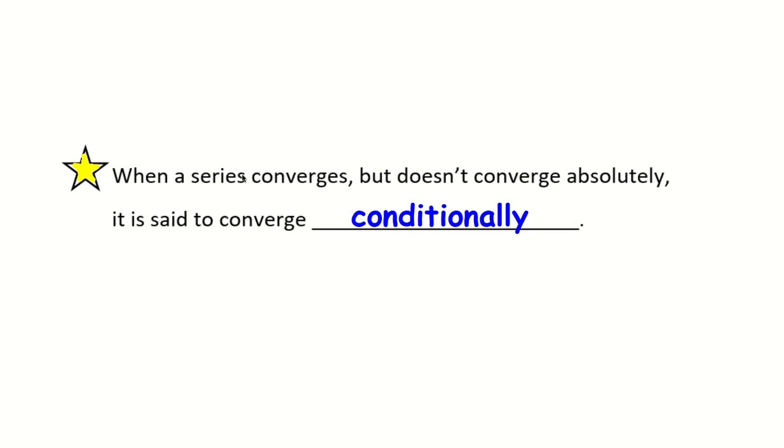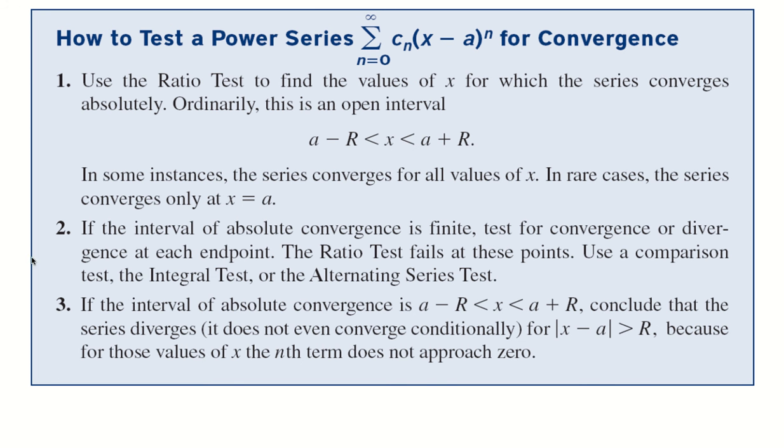If your series only converges if you leave it alone, but if you throw absolute value in there it now doesn't converge, then you can say it converges conditionally.